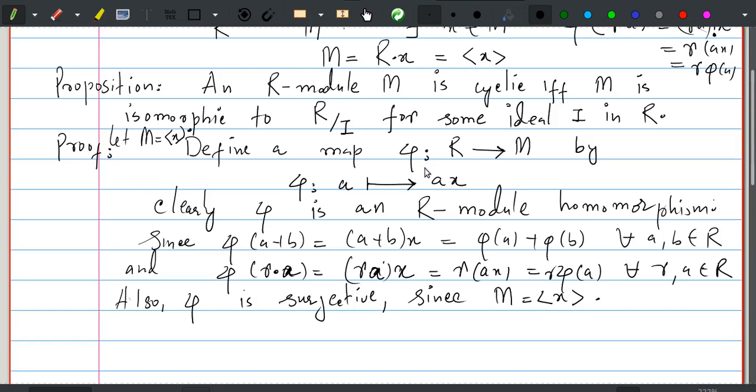Now we have this surjective module homomorphism between R and M, so we can invoke the first isomorphism theorem of modules.